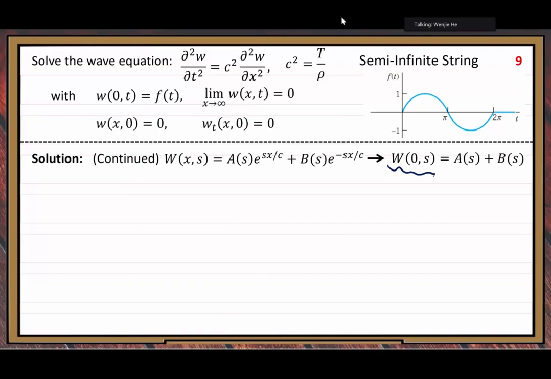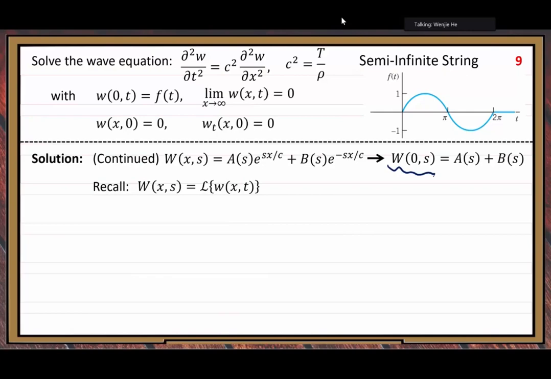We need to calculate the condition. Recall that our capital W function is the Laplace transform of the little w function. So if we put a 0 in for x in this capital W, we should put a 0 inside this Laplace transform too.